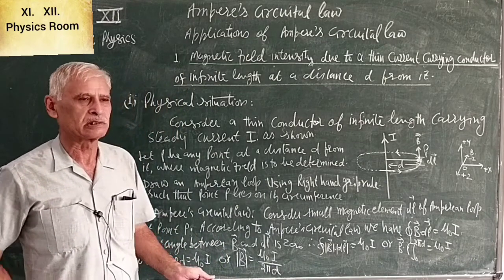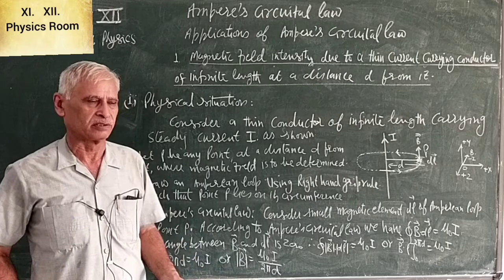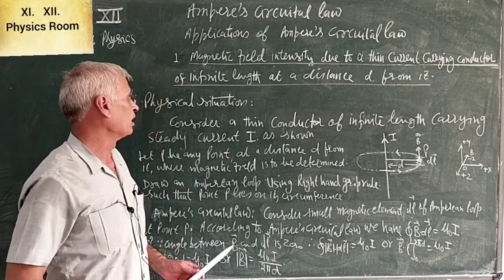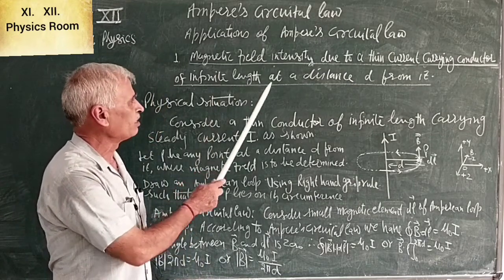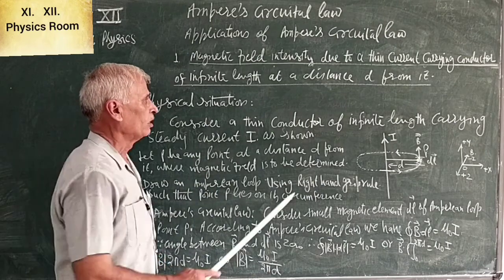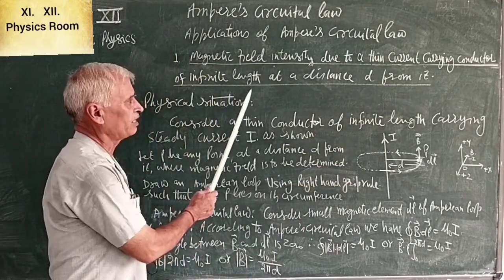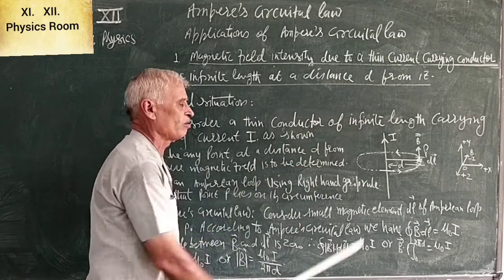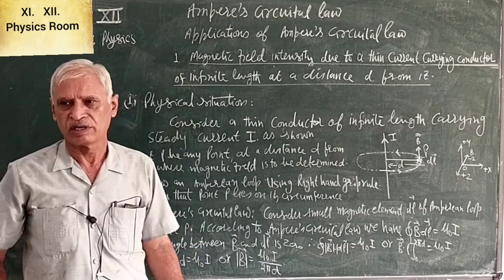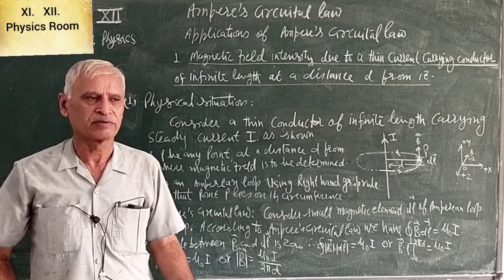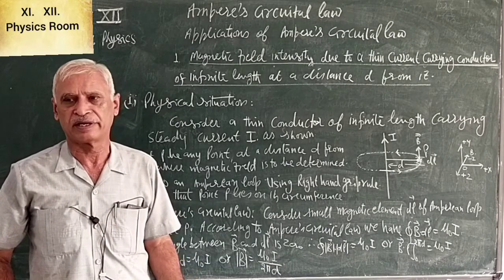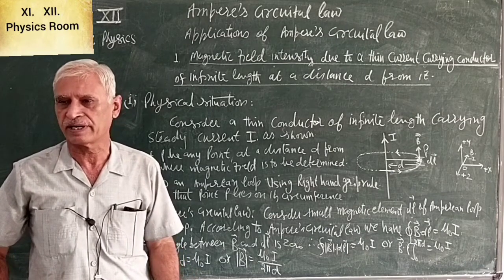We are to discuss three applications of Ampere's circuital law. The first application is magnetic field intensity due to a thin current carrying conductor of infinite length at a distance d from it. The second one is magnetic field intensity due to a toroidal solenoid at any point on its circumference.